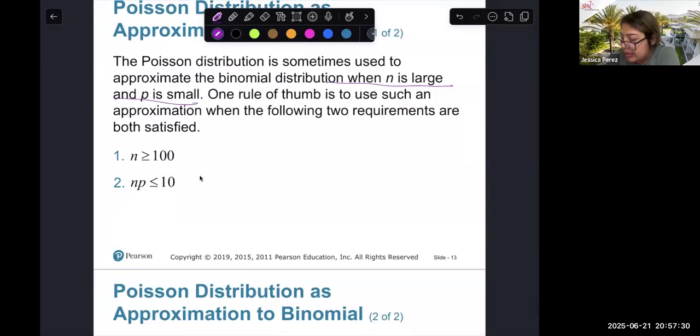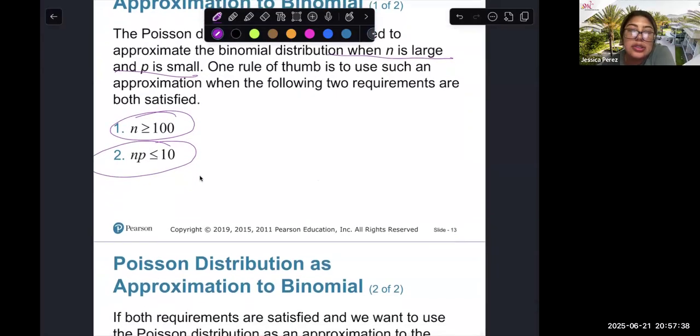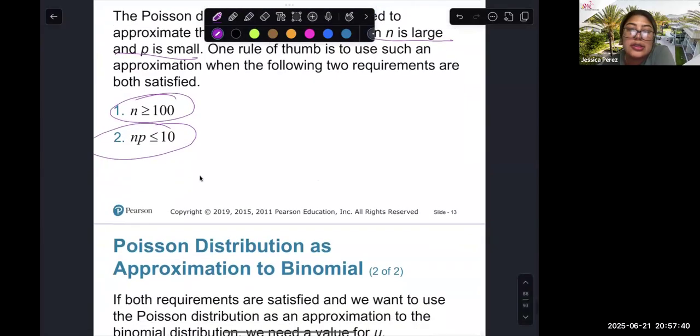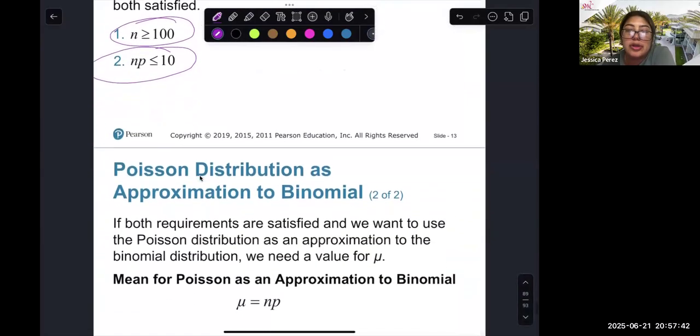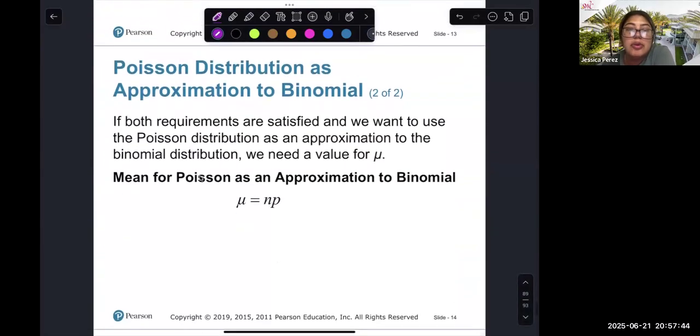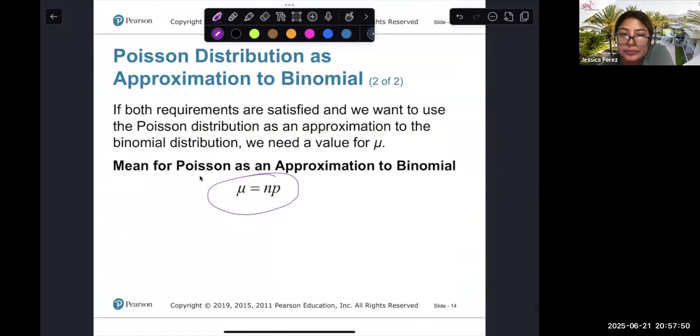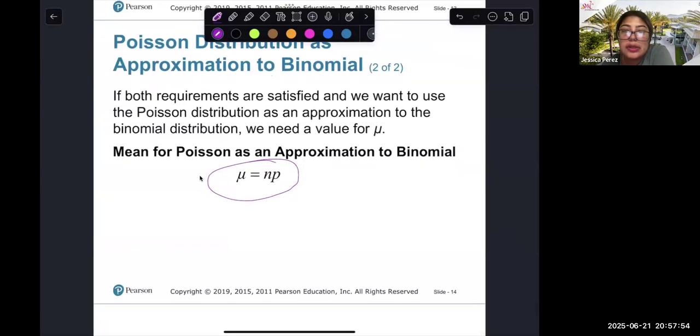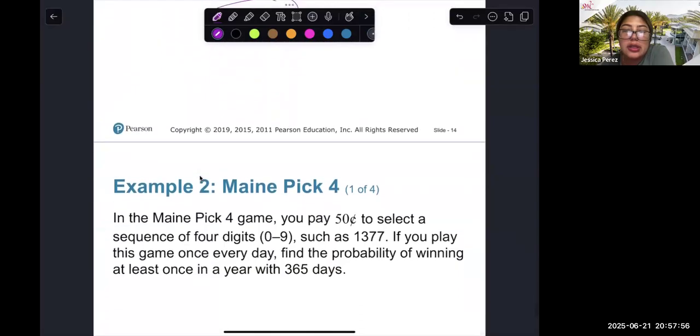So n has to be greater than or equal to 100, and n times p should be less than or equal to 10. These are the two conditions that have to be met in order for us to use Poisson as an approximator. If both requirements are satisfied, there's a formula to find mu: n times p. This is what we're going to use for the approximation.